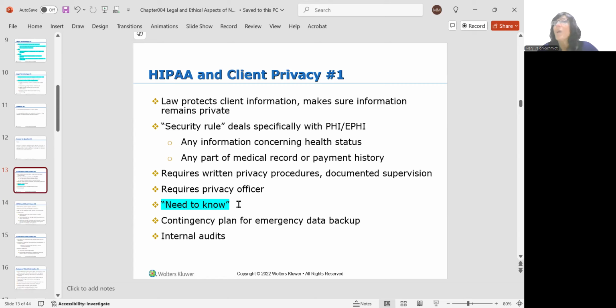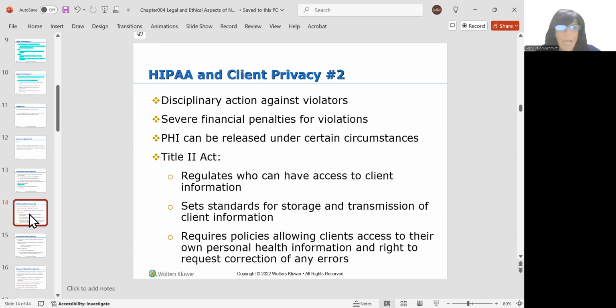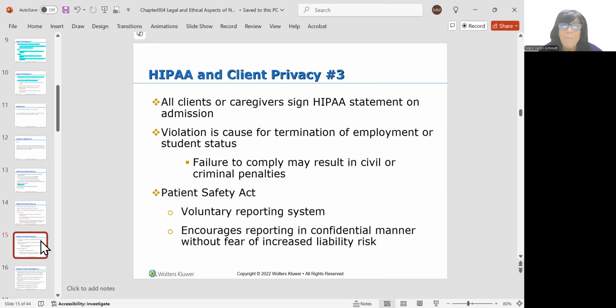In other words, if you are providing care for that patient, then yes, you would have access to that patient's chart. But if you find out that a movie star is in your hospital and you go into the EMR and you look up that movie star's medical records, that's a HIPAA violation. And that, my friends, is a big deal, a very big deal. You can be fired immediately, and there are huge penalties for HIPAA violations. Okay, so just know that.